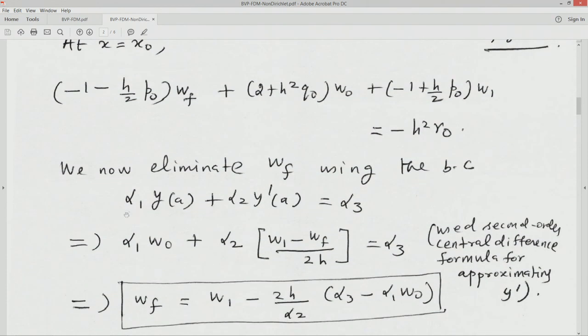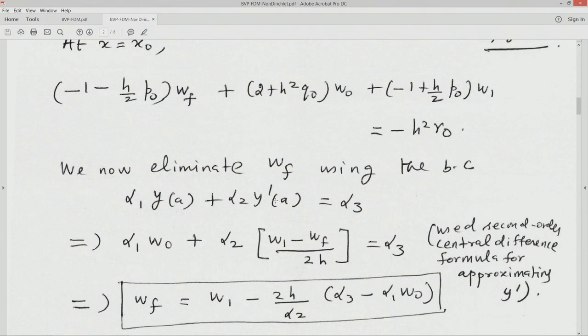What is the boundary condition? Alpha 1 into y of A plus alpha 2 y prime A is alpha 3. So, this is alpha 1 into y of A, which is y at x naught, and an approximation is w naught. So, alpha 1 into w naught plus alpha 2 into, we need to replace the derivative y prime at x naught.